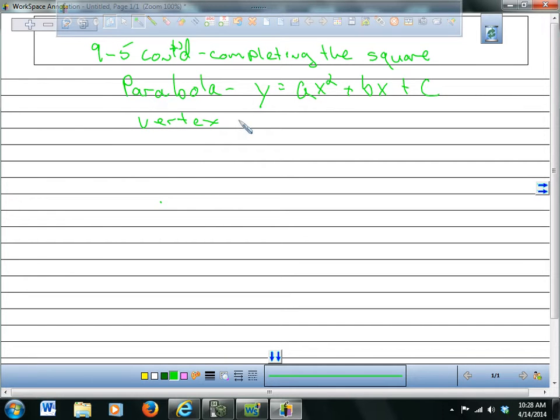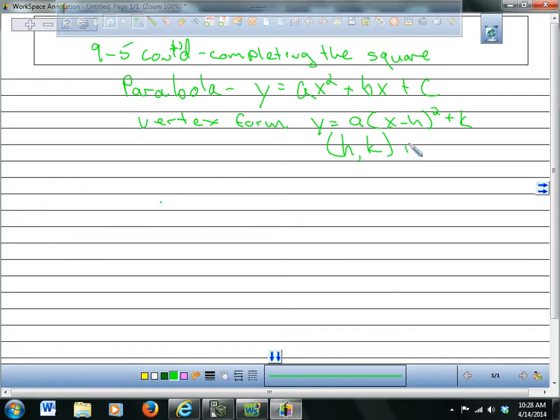Vertex form looks like y equals a times (x minus h) squared plus k.